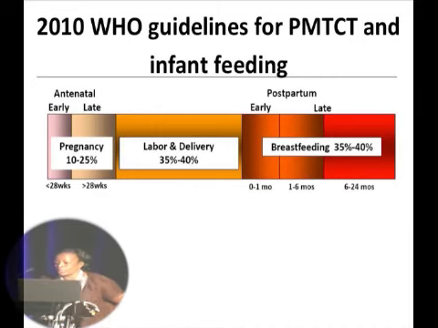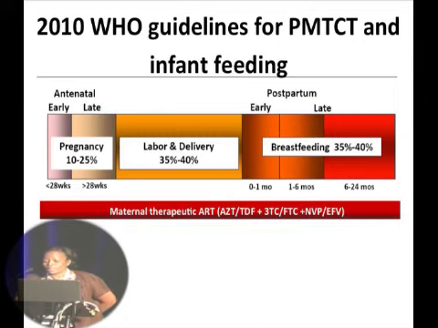Looking at the 2010 guidelines, for a long time, we working in the HIV PMTCT community were accused of ignoring the woman herself and what she needs for her own health, and of focusing for a very long time on just prevention of mother-to-child transmission.